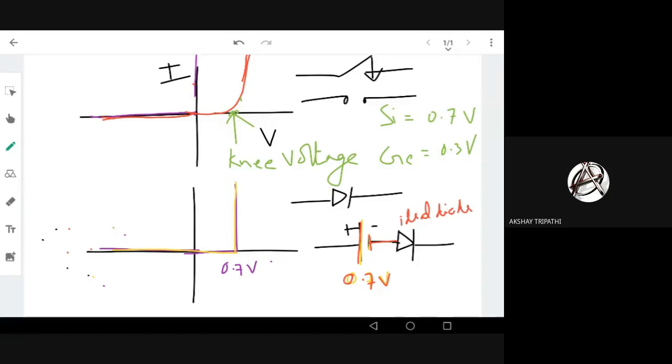Here there is no drop, so all the drop is coming from this equivalent voltage source. So this model is called the constant voltage drop model, equivalent circuit or equivalent model. I'm showing the equivalent of the voltage drop across the real diode with an ideal diode in series. Okay, so this is a bit better than the ideal case.